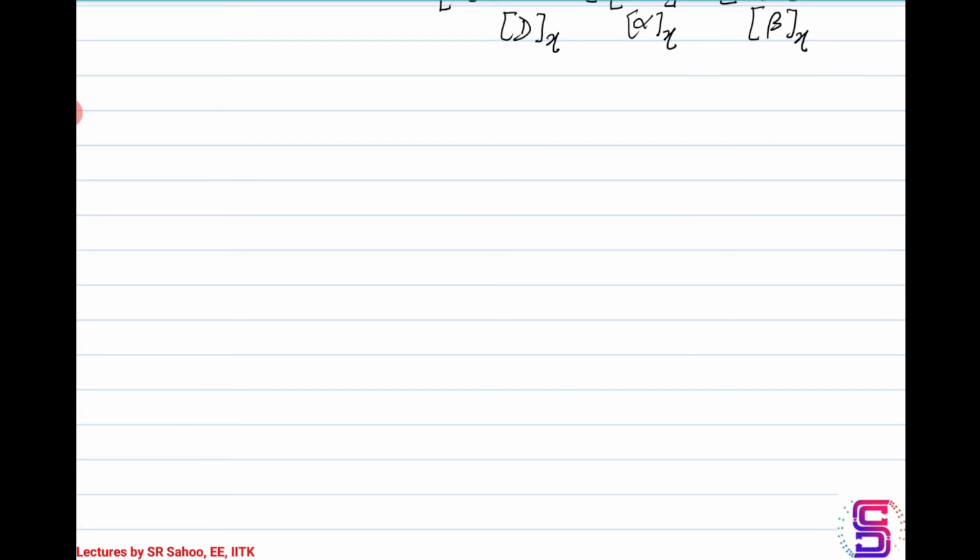Another use of matrix representation is something like this.